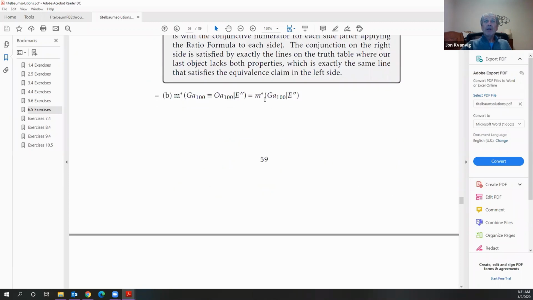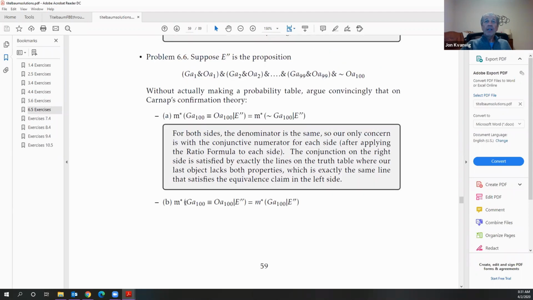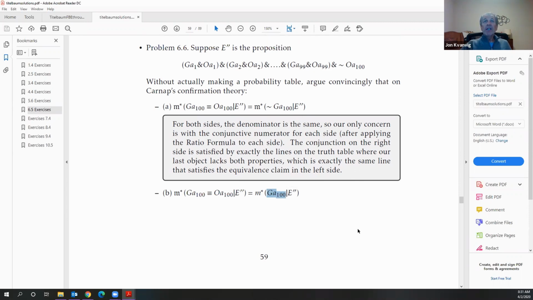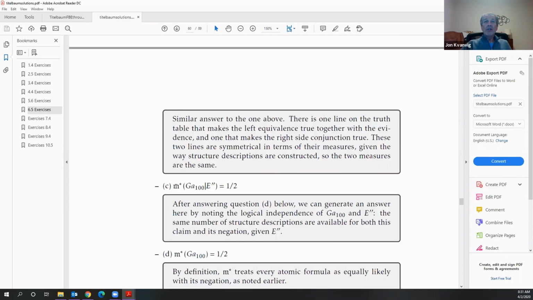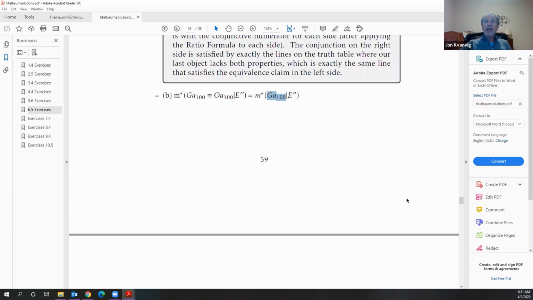Now, how about the equivalence of this same measure on the left side with the opposite one on the right side? Well, there's two ways to see this. One is to look down at our answer to see what's the measure of G given the evidence, and that will be, it turns out, the same as the measure of not G with that property.